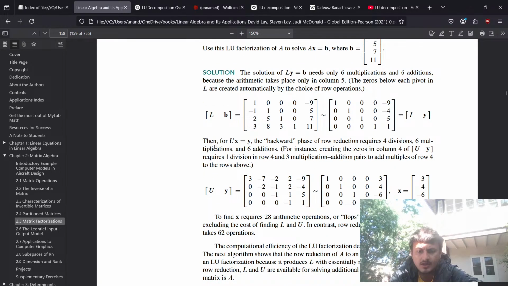Then for UY, UX, the backward phase of row reduction requires 4 divisions.